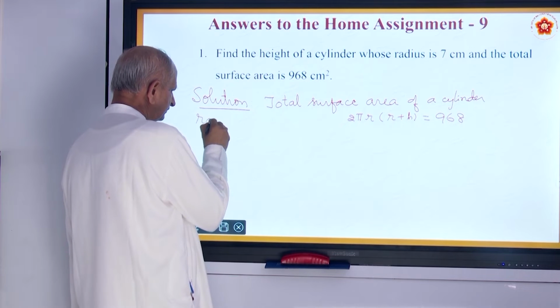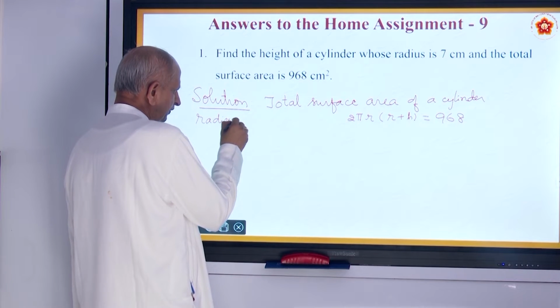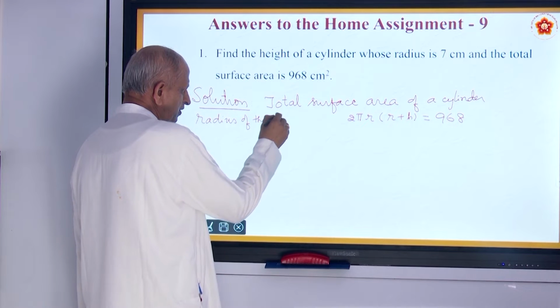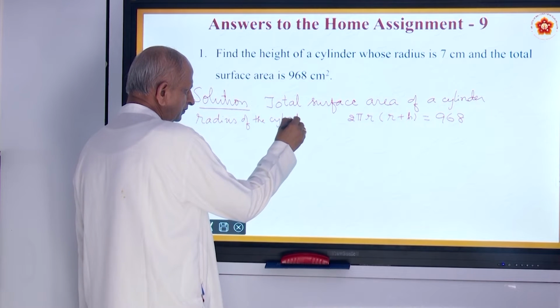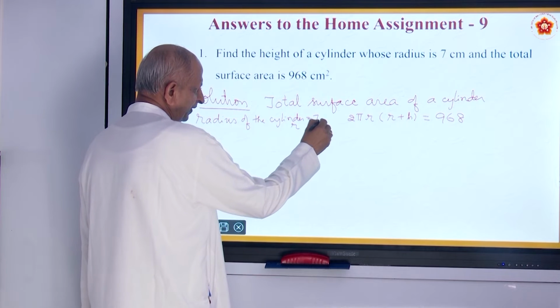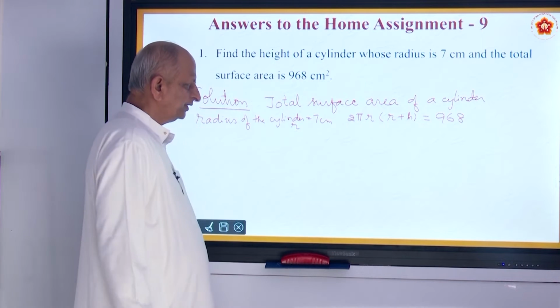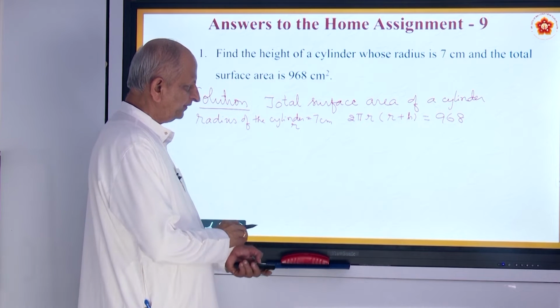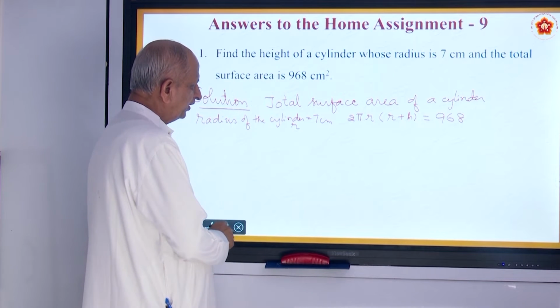What is the radius of the cylinder? We call it r, 7 centimeters. Radius is 7, TSA, total surface area, is 968. You have to find the h.